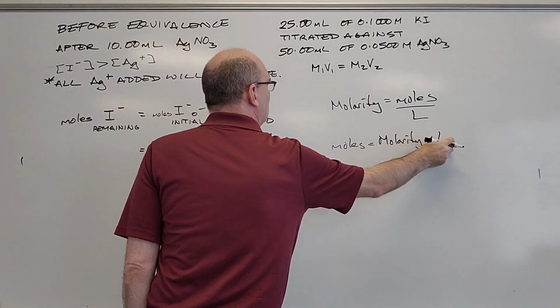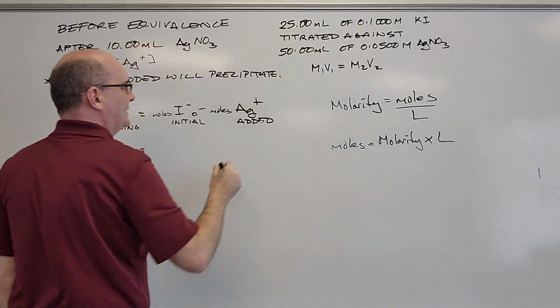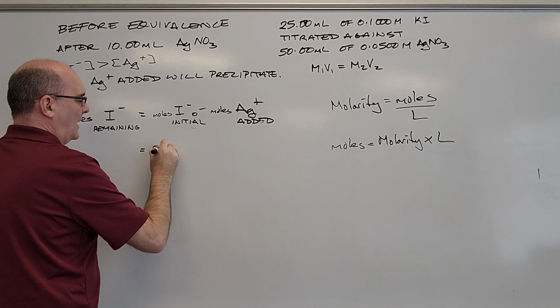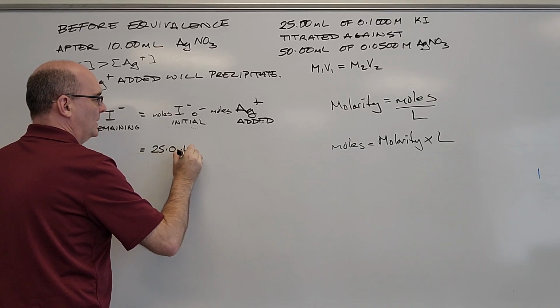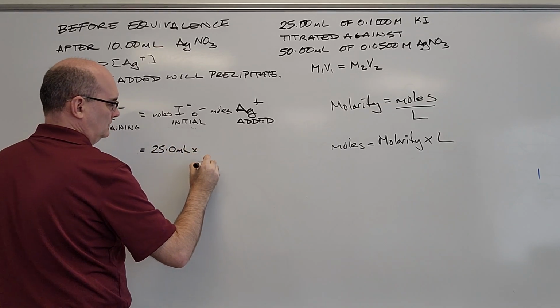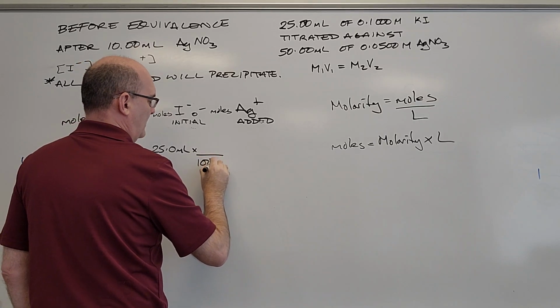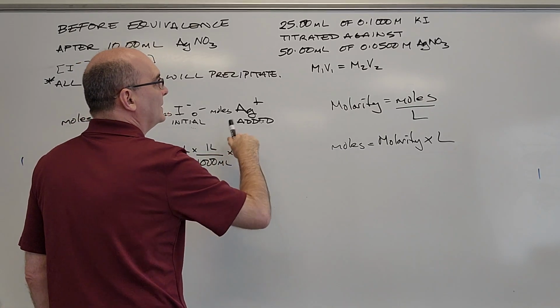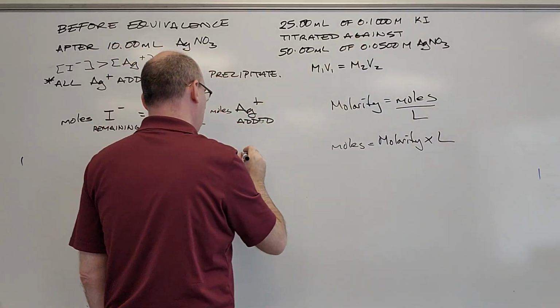Have to be liters. I have 25 milliliters of potassium iodide. There are 1,000 milliliters in a liter, and I'm going to multiply it by its concentration.